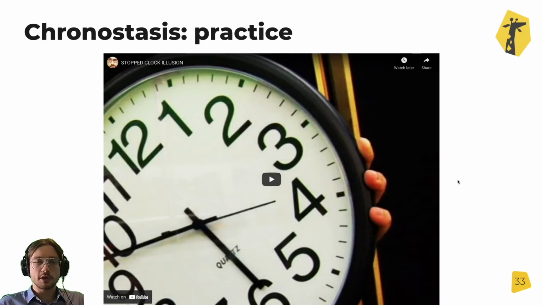And if you didn't feel that, you could repeat it, you could watch the video again, or you could experiment with clocks on your wall if you have some. Okay. This is chronostasis, and it illustrates how our brain, our kind of central computer, tries to make our perception smoother, and that's how we feel the world to be continuous.